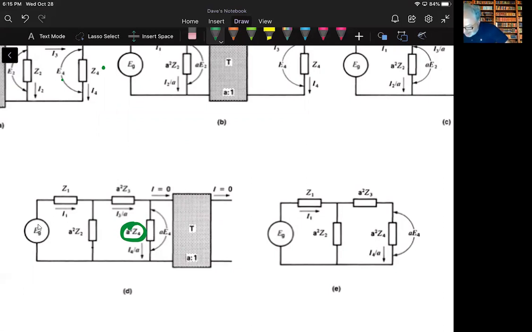If in this practice I have shifted all these impedances over to the primary side, what I end up with is this circuit, where all the impedances or loads are gone. And so I'm left with just this transformer here.